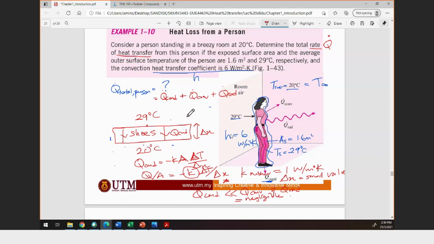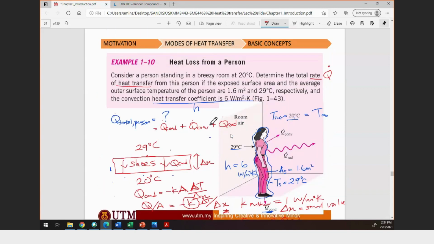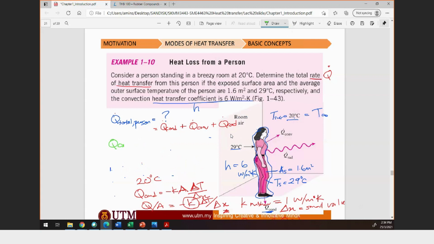Next one, for the Q convection, we can go to this equation. Since we have the H and the area, Q convection is H A_s times (T_s minus T surrounding).